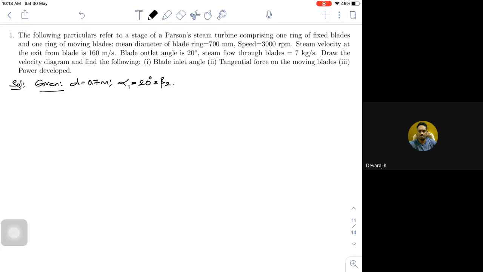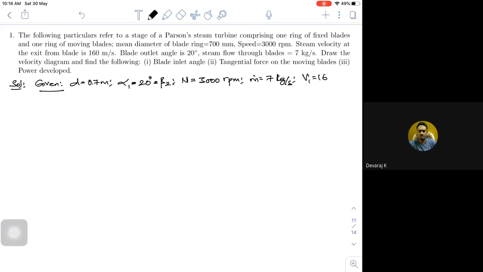This being a Parsons turbine, your beta 2 is equal to alpha 1 and beta 1 is equal to alpha 2. Okay. And your speed N is equal to 3000 rpm, and your mass flow rate is equal to 7 kg per second, and your V1 is equal to 160 meters per second.